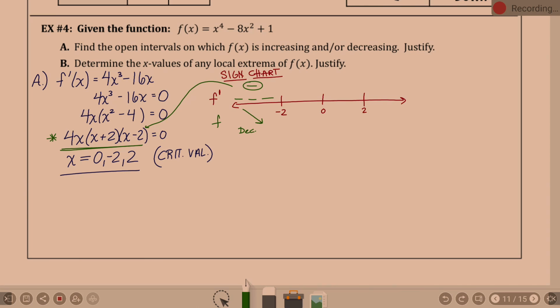A value between negative 2 and 0. Negative 1. Negative, positive, negative multiplies to be a positive. A positive section on the derivative tells me the original graph is increasing. 0 to 2, 1.